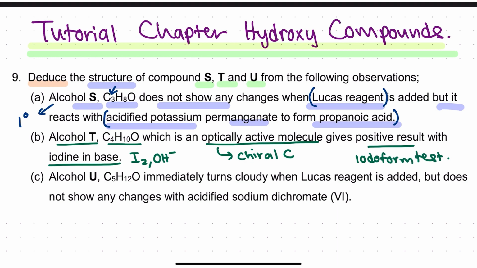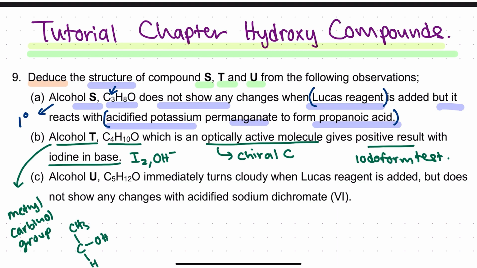A positive result means that alcohol T has a methyl carbinol group. How does a methyl carbinol group look like? We have an OH and a CH3 attached to the alpha carbon, and don't forget there will be a hydrogen as well. So we have an idea what alcohol T will be.